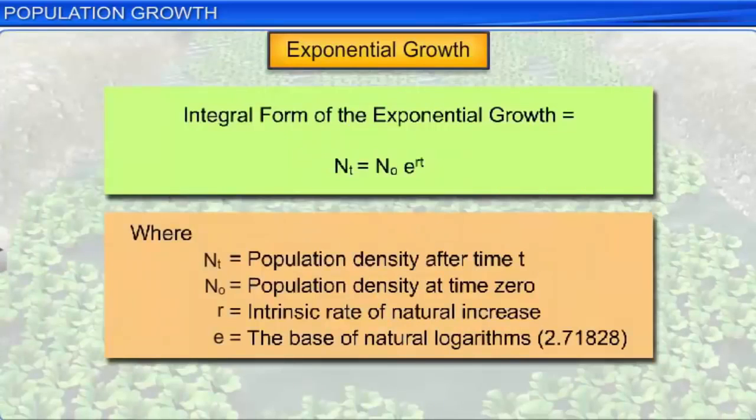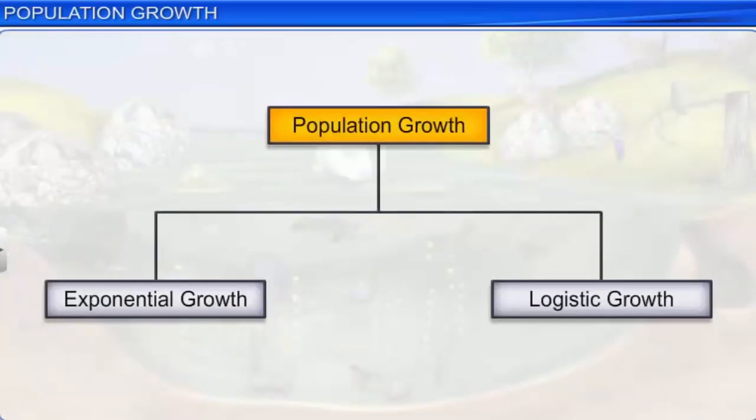Moreover, with the basic knowledge of calculus, you can derive the integral form of the exponential growth using the equation as shown. Thus, an exponential growth pattern is seen when resources are unlimited. However, when resources are limited, the population growth pattern is logistic.